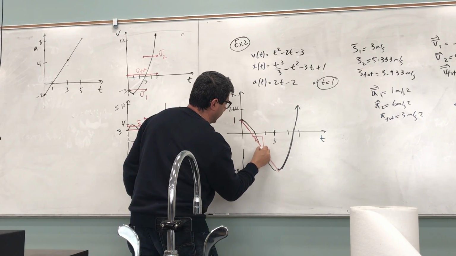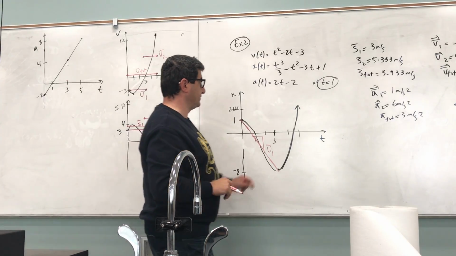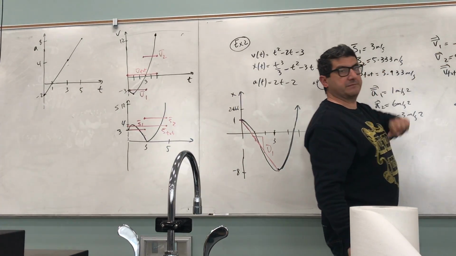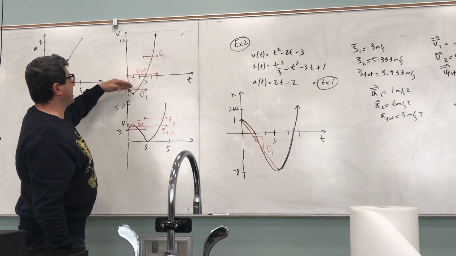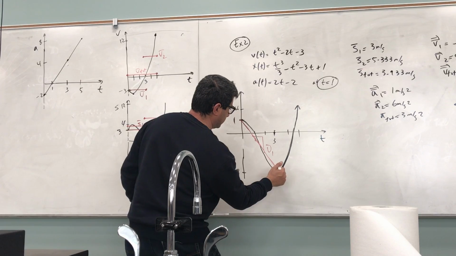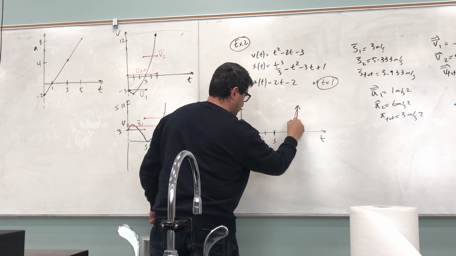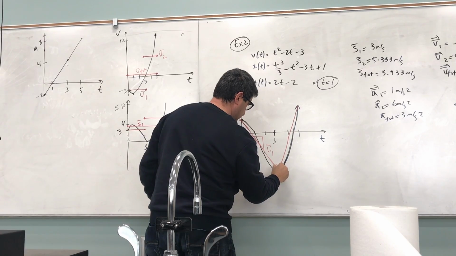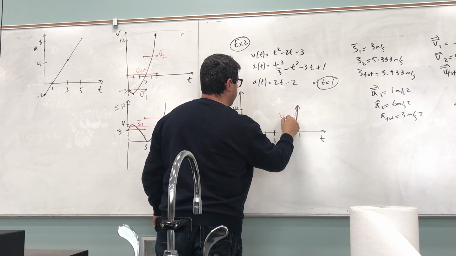Take the slope of that, and that is the V average 1, which is the negative 3. So you see here you do it by taking the average height, and here you do it by connecting the line, and then here to here, connect the line. Take the slope of that, that's V average 2.